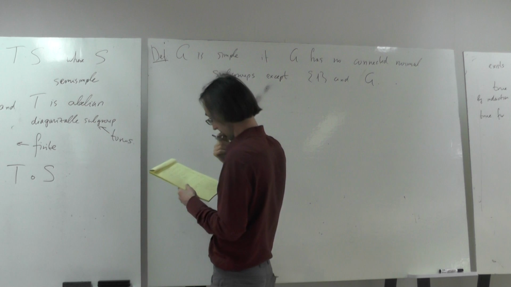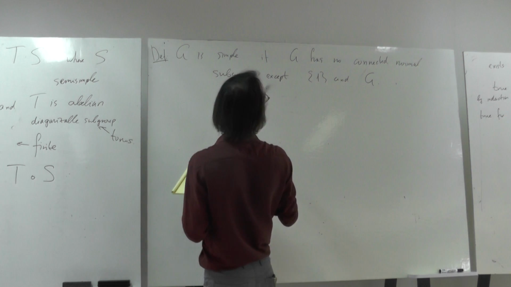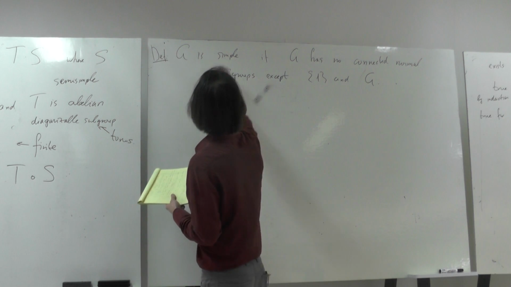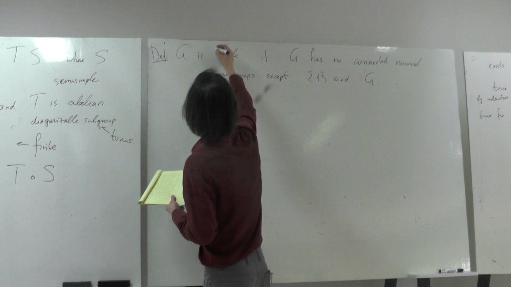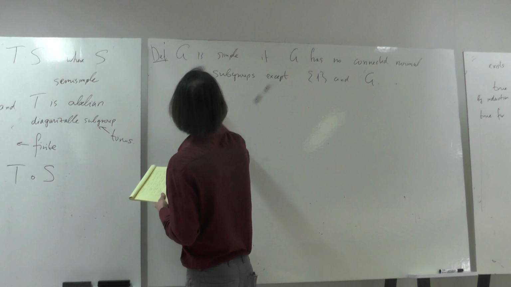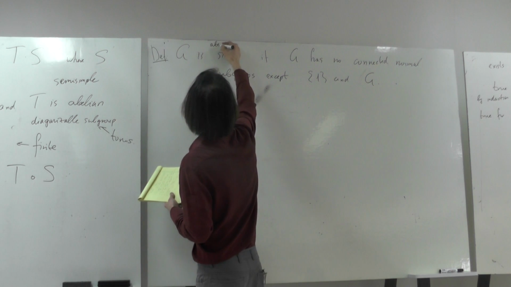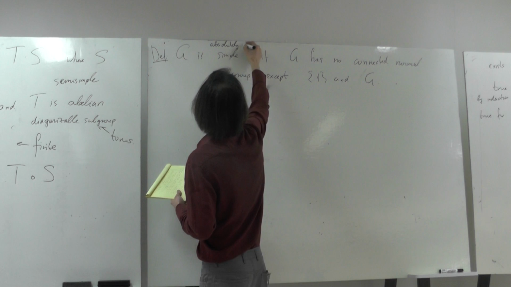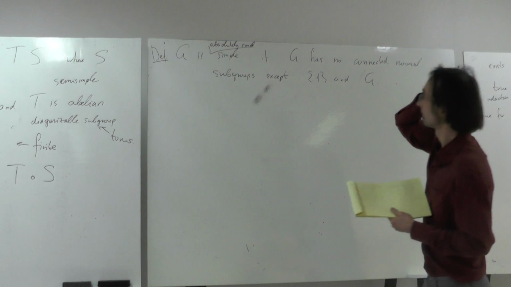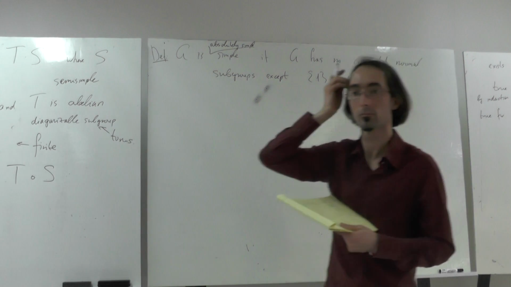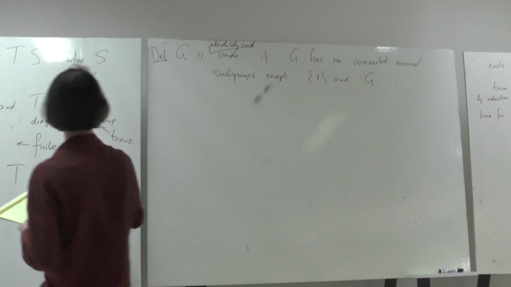In this situation, it's usually called absolutely simple. We're working over an algebraically closed field, yes, my K is absolutely closed.